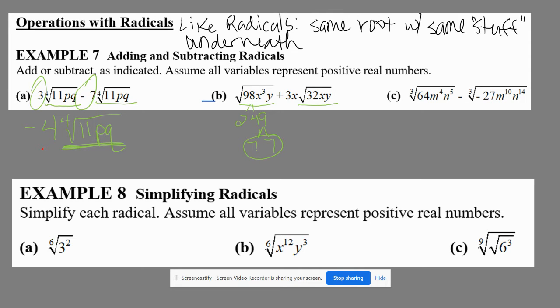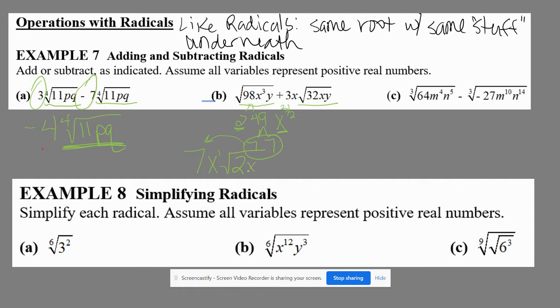So we have a pair of 7s that can come out. 2 stays home. X cubed, we have 3 divided by 2. We have a 7 that's coming out here. 3 divided by 2 is 1, with 1 remaining. And then the y, I don't have a pair to pull out of that, so I can't do anything with that.